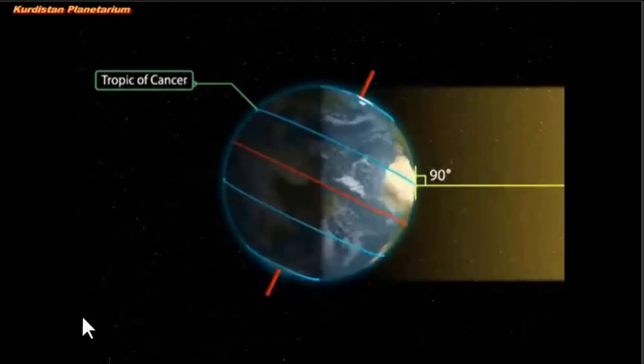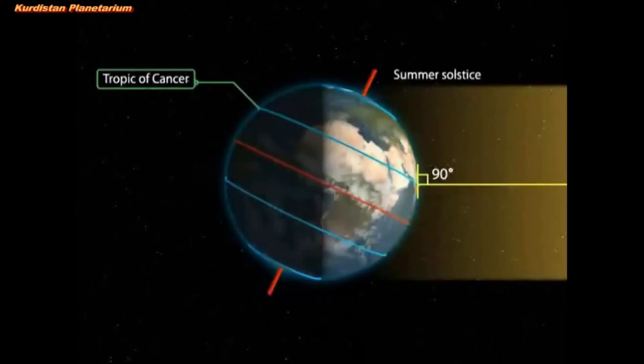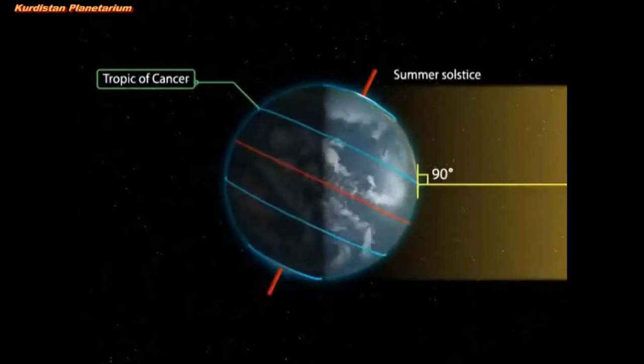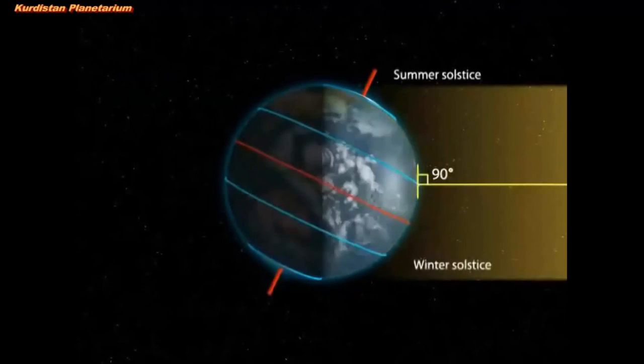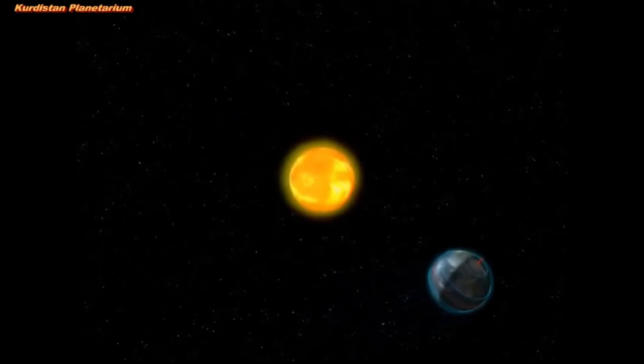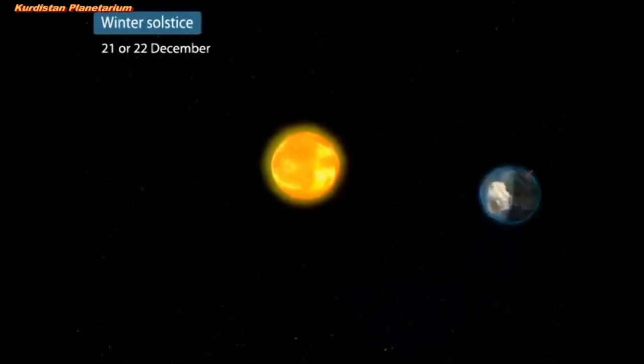Let's continue on. If you do not get this part, please go back to the beginning of this explanation. This is extremely important. The northern hemisphere is in the summer solstice, while the southern hemisphere is in the winter solstice. Winter solstice.